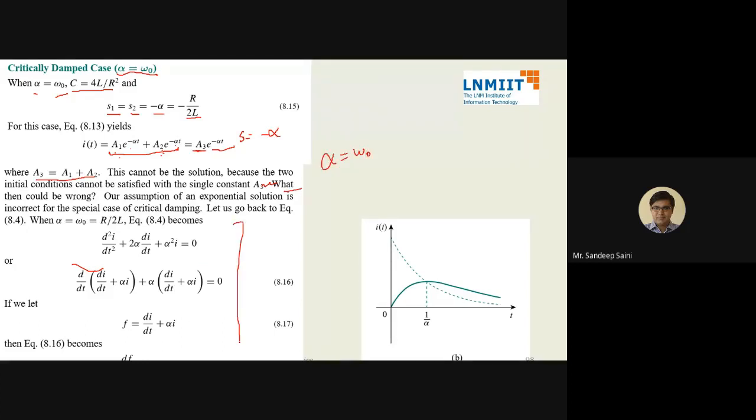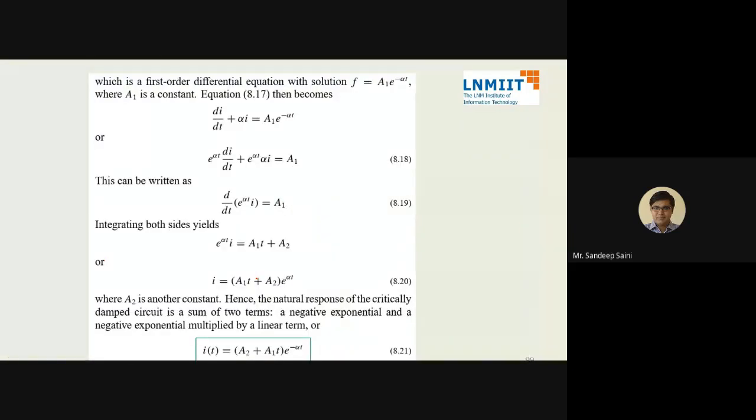This is the derivation of proving. In mathematics, you will have a lot of these things. We are just proving that the simple assumption of alpha equal to omega, taking only a single root and saying both of them have the same value, will not work. We will never ask it in basic electronics, but definitely you will be asked in mathematics, and I am leaving that for that course.